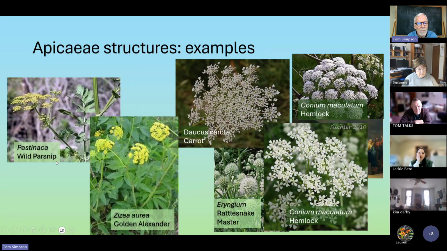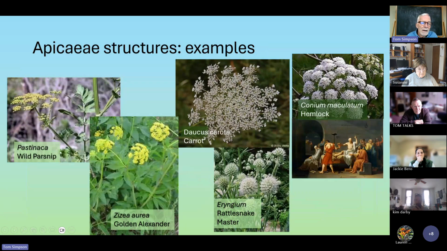And again, this is an important one to tell apart because this one is phototoxic, meaning if you get the juice on your flesh and it's exposed to sunlight, it'll cause blistering, at least in almost everyone that I've met. Golden Alexander is a beautiful native plant that doesn't do that. So it's important to be able to tell those two apart.